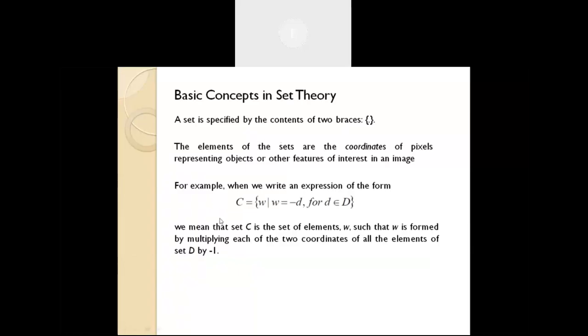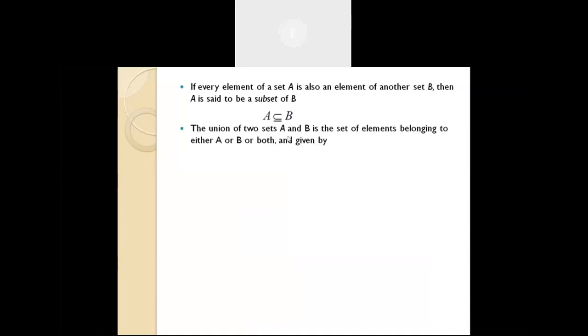So let us try to understand the set theory in detail. If every element of a set A is also an element of another set B, then A is said to be a subset of B. This is the symbol that we use: A is a subset of B. Union of two sets is a set of elements belonging to either A or B or both, given by this expression.